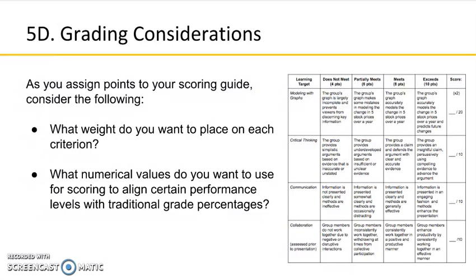And so to the extent that you need to use a common grading philosophy that's set by your district or by your PLC, you would want to use that. To the extent that you're doing it for yourself, you'd want to kind of pick scores that jive with your personal philosophy. Ultimately, in my example, I decided that I thought exceeding the standard would be 100%, meeting the standard would be an 80%, partially meeting would be a 60%, and does not meet would be a 40%. And so I wrote my scores to align with those grading levels.